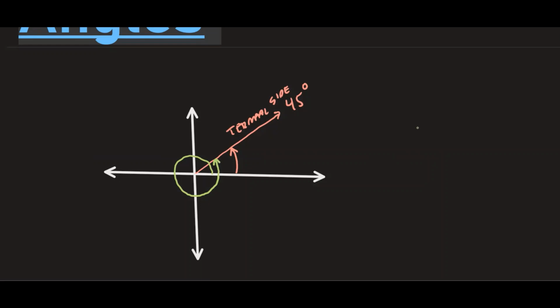We took 45 and went around one revolution, which is 360. We do 45 plus 360, that's 405 degrees. So 45 and 405 have the same terminal side, therefore they're coterminal.